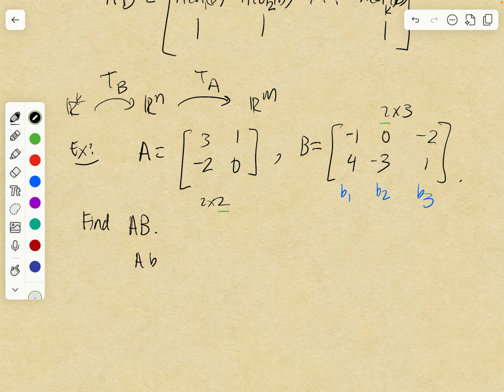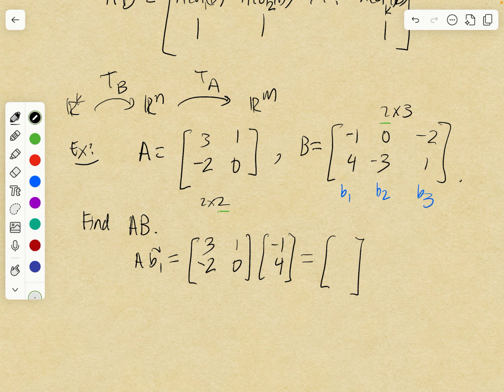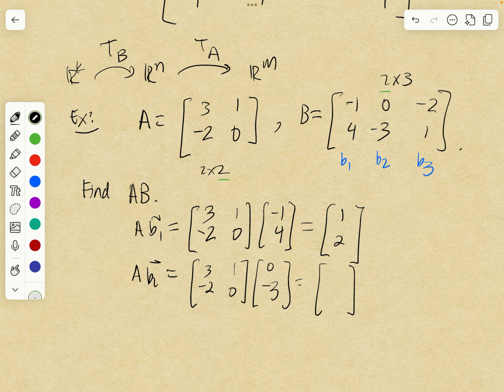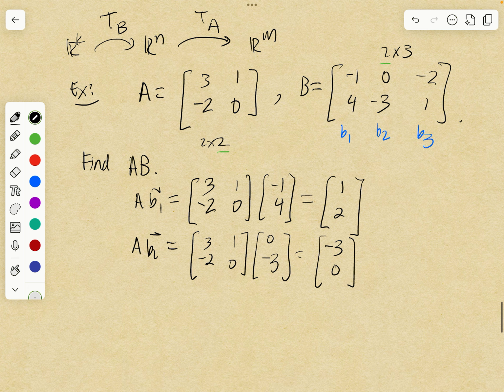So A times B1 is this matrix times (-1, 4). And this is going to be (1, 2). If I do A times B2, I'm going to get (-3, 0).